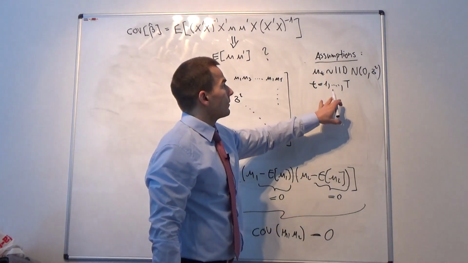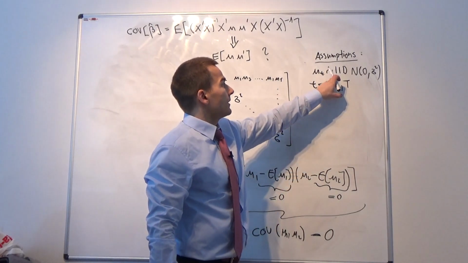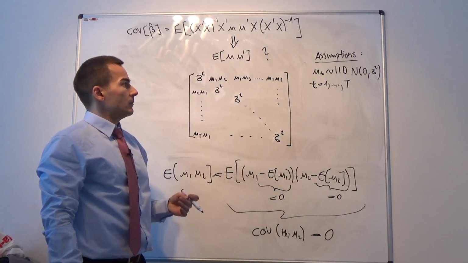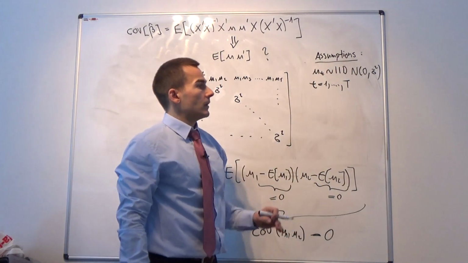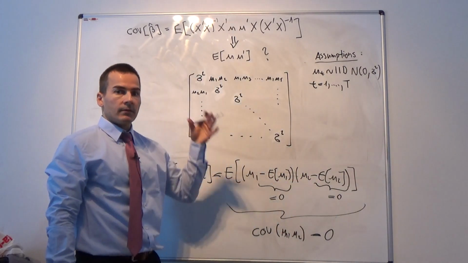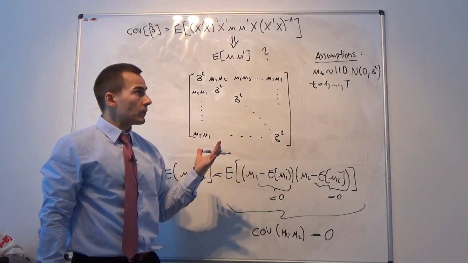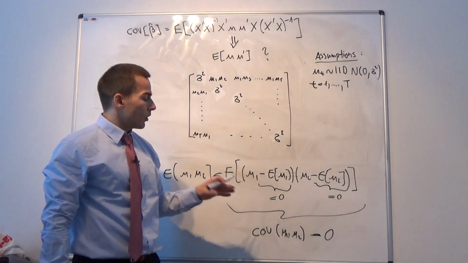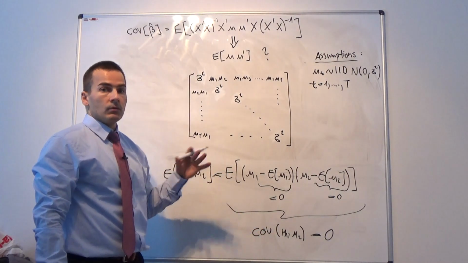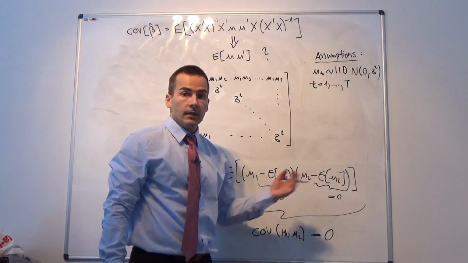Because according to our assumptions, we have a normal distribution which is identically and independently distributed for all t. If you scroll back and think about our assumptions concerning the error term, this was one of our core assumptions: that the covariance between us and ut is 0 for all s unequal t.